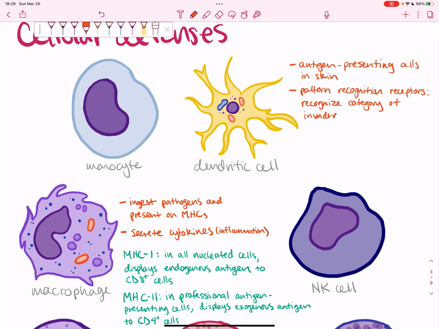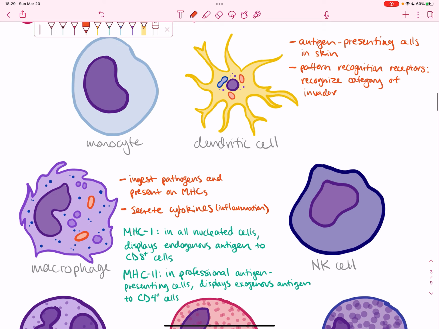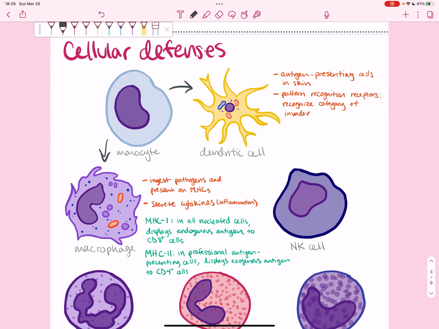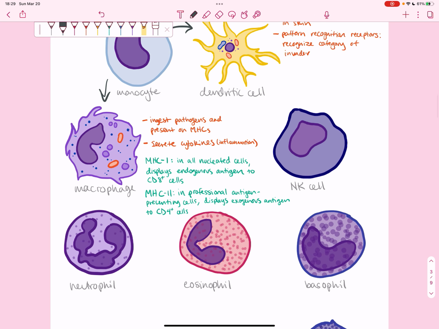So, meaning like bacteria, fungus, parasite, or virus. And I suppose I'll just draw little arrows. These can go there or there.